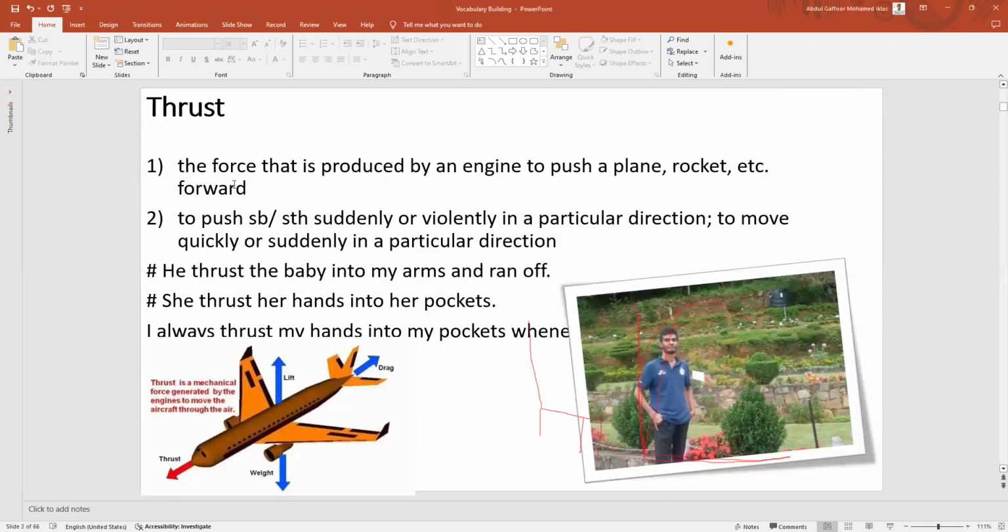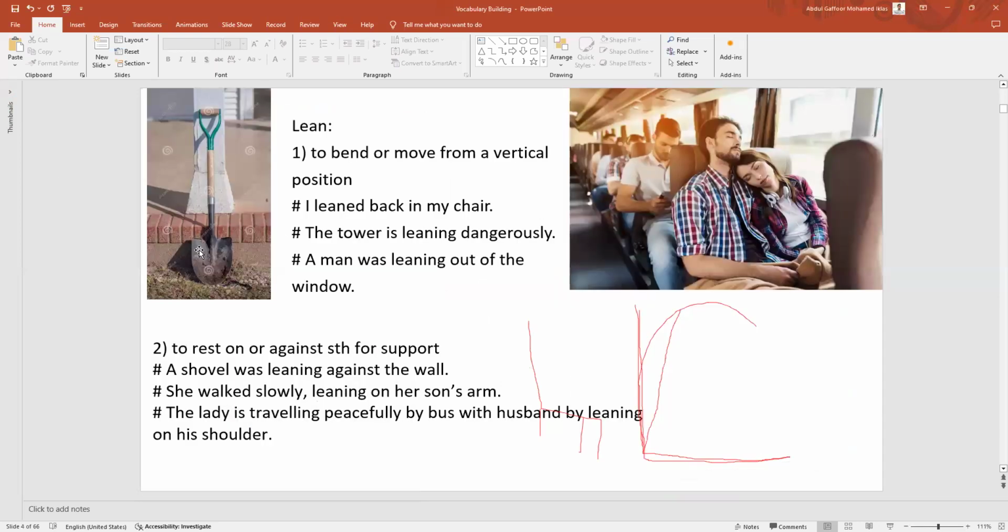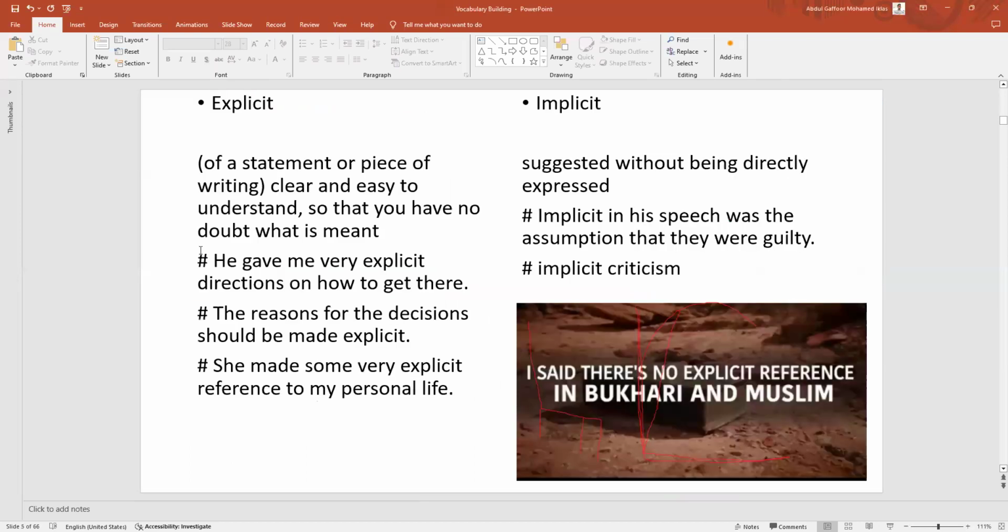We have already studied the first meaning of the word thrust, and we looked at this second sentence also. Now we will see explicit and implicit. I think it is enough for today, and we will learn these words in tomorrow's or another video. Okay, thank you. Bye.